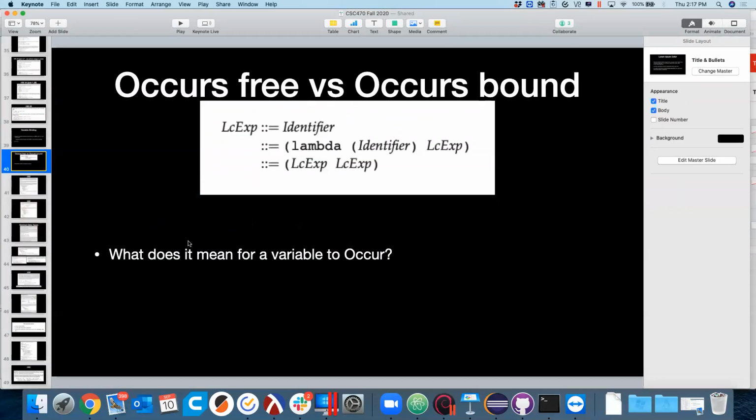Remind me, where does binding take place? This guy right here, right? That's where binding happens. So if I'm looking at this production, can binding occur here? No. So if I have a bound and I'm looking at one of these guys, it's just false.